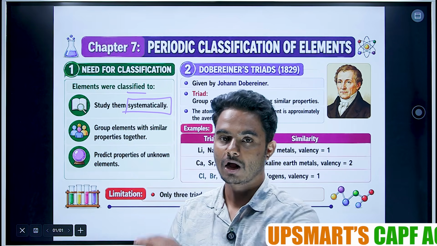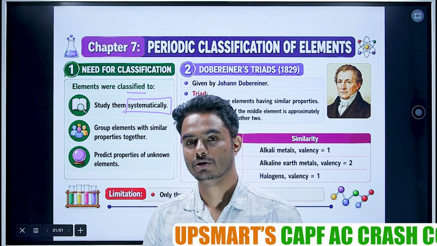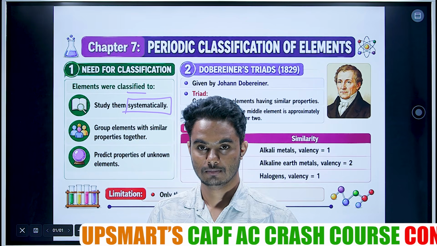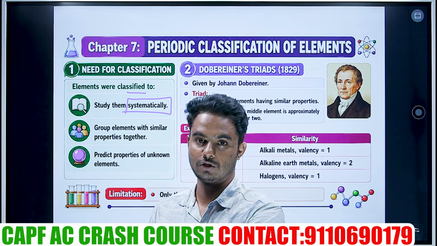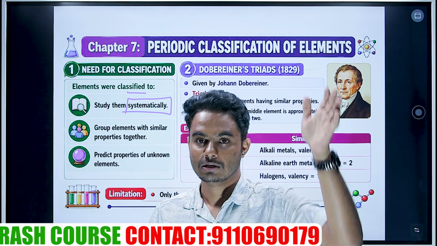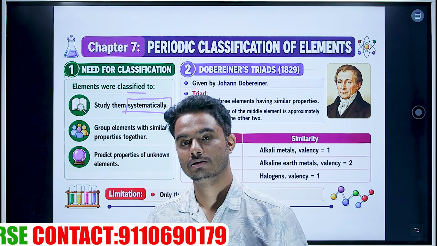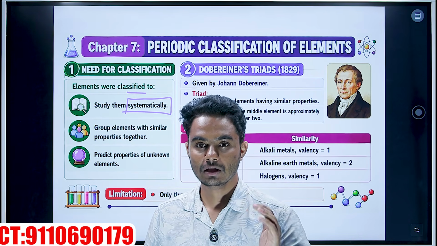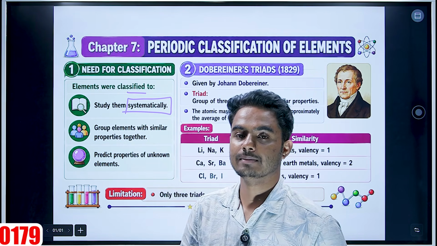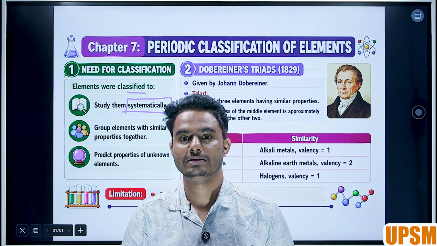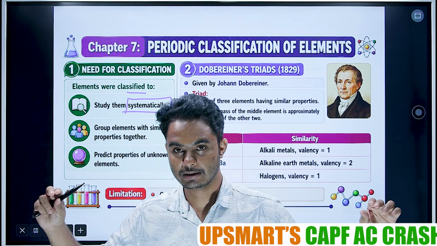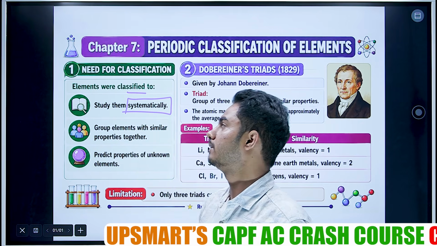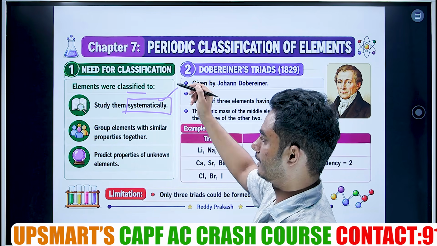We can study a group of elements, the columns, and the periods, the rows. The horizontal ones are called the periods. The vertical ones are called groups or the columns. We can study why they are placed in a particular group or period in a classified and systematic way.